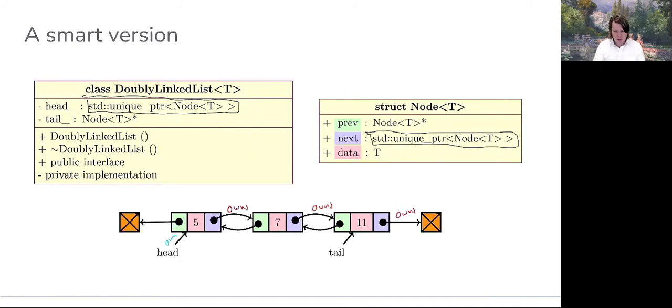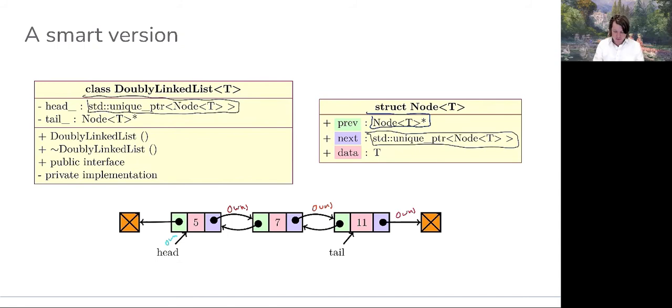Now here are our raw pointers, which are simply there to provide us that additional access. They're not responsible for the acquiring or the deallocation of the memory associated with the nodes. Again, that is the responsibility of these unique pointer objects. Someone owns it, but we can go ahead and access it and interact with it through, say, a raw pointer.